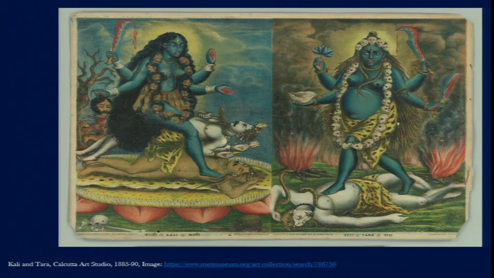So there are different layers in which these images are produced, and layers in which these images were appreciated and read, and how they have been part of the visual culture and public memory of the Indian subcontinent.